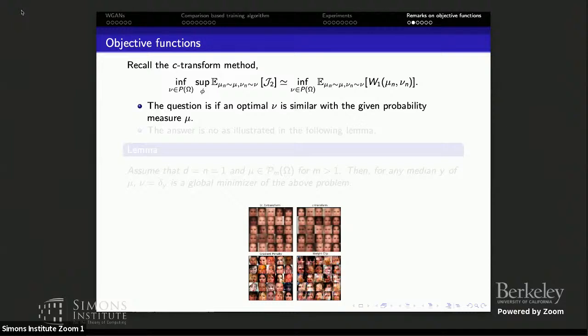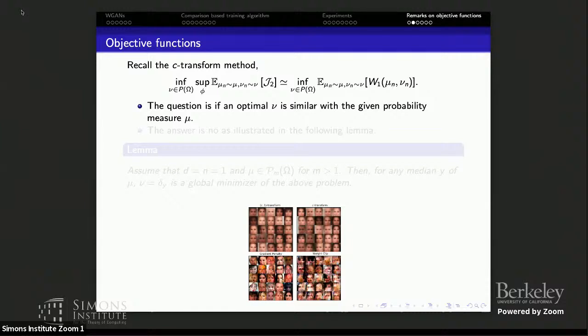And you see that this problem has the following blurry images. And I would like to understand this more. So let me interchange the supremum and the expectation. Then we will get one Wasserstein distance. And the question is whether an optimal mu is similar to the given mu.